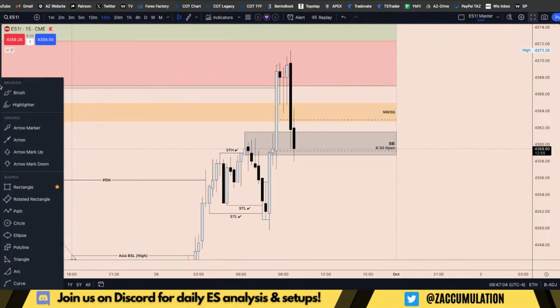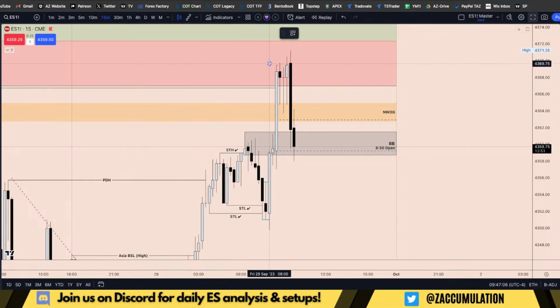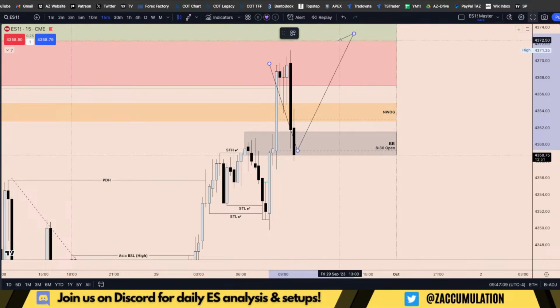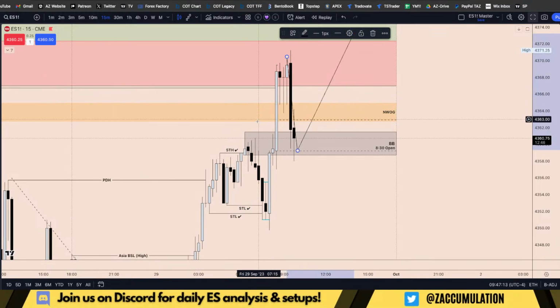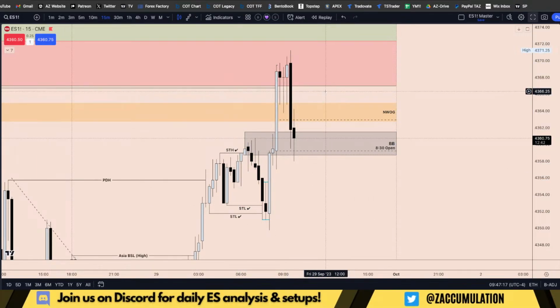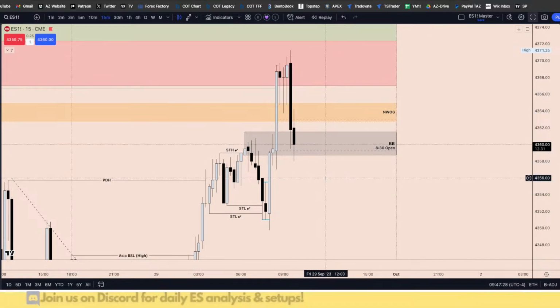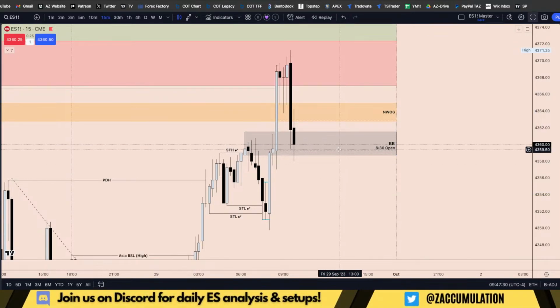So right now we have the unicorn setup in play, continuation setup, of the breaker block ideally. And we also have the 2022 model in play after this break in structure, pullback, continuation lower. I can frame both here, and that's the issue.